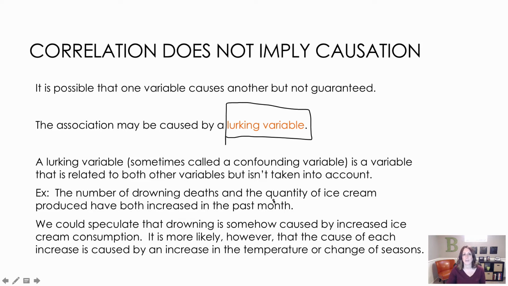Well, do I think that people make more ice cream when there are more drowning deaths? No. What I think probably is that it's the summertime and people are swimming more, and therefore there's an increase in drowning deaths, and also eating more ice cream because it's the summer. So that would be a lurking variable. It probably caused both of the other variables to increase, but it wasn't one of the variables that I was studying.